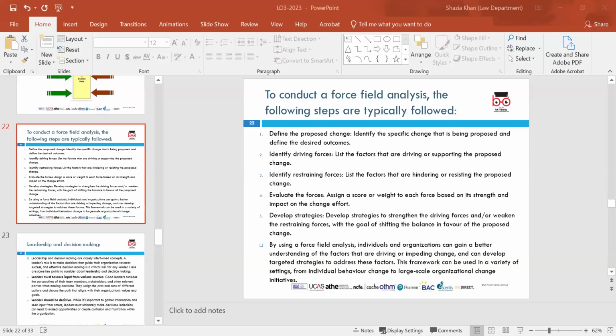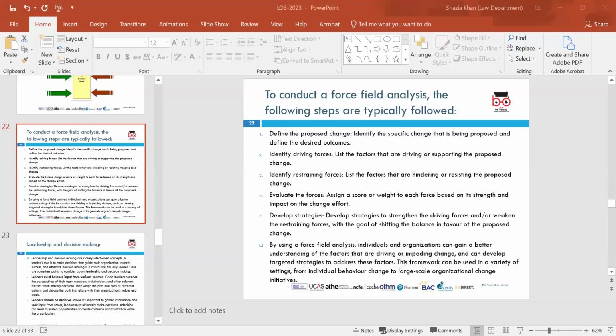And he said how you'd conduct it. First, you'd define the objective of the change project, so define the change. Secondly, you'd identify the driving forces for the change. So you'd look at what factors support the expected outcomes. In Lewin's model, they are considered a positive influence and can be internal or external factors.